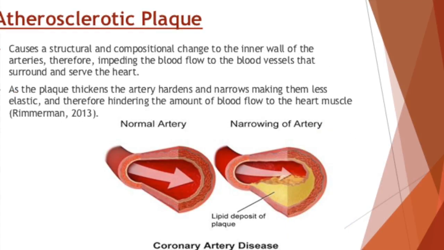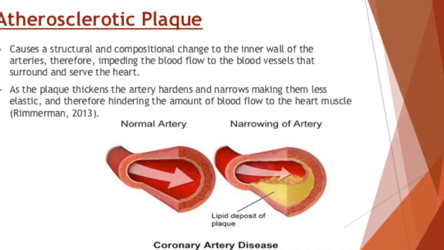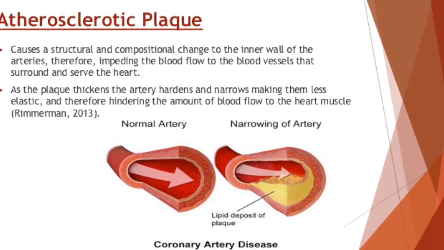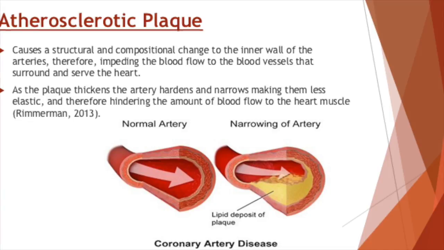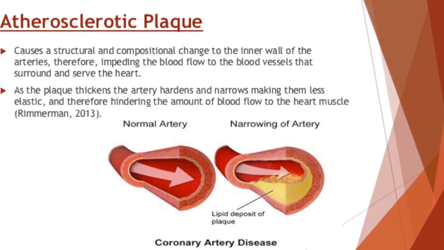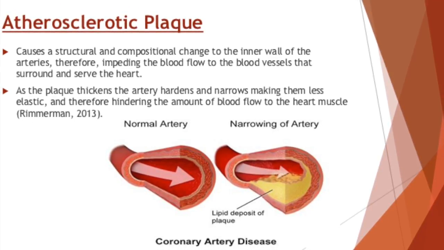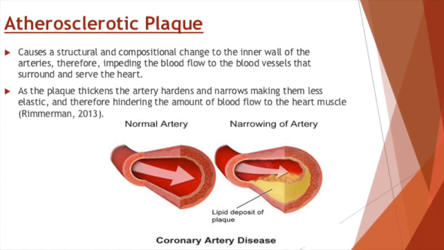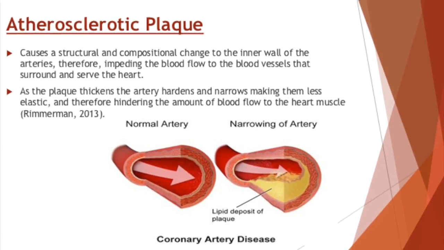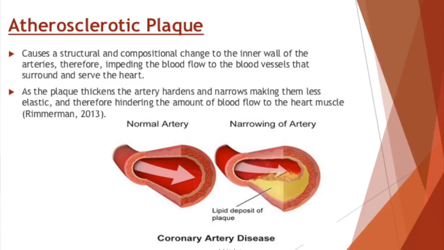Atherosclerotic plaque causes structural and compositional change to the inner wall of the arteries, and therefore impedes blood flow to the blood vessels that surround and serve the heart muscle itself. This is due to the artery lining being injured, and then the plaque gets deposited in that area to repair the injury.